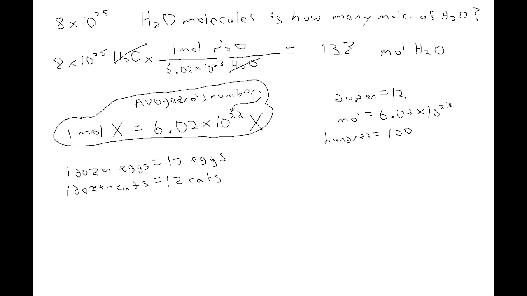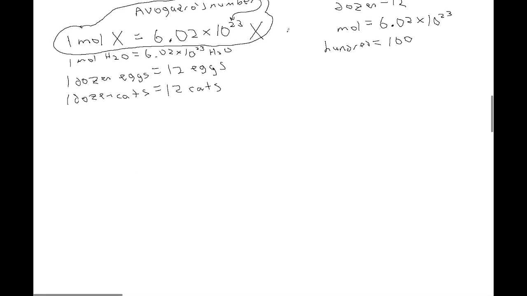So for example, in this case, we had that there was 1 mole of water, which is equal to 6.02 times 10 to the 23rd individual waters. So for each problem, you have to decide what's the right substance X to put in. Okay, so that's another type of problem that we've learned how to do. So that would be another important example to have in your notes and go back and try again.